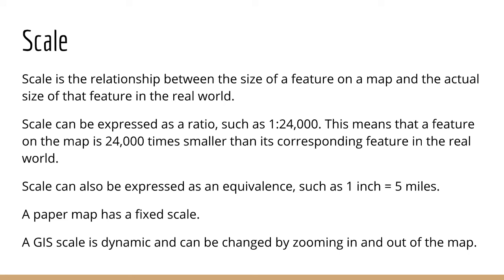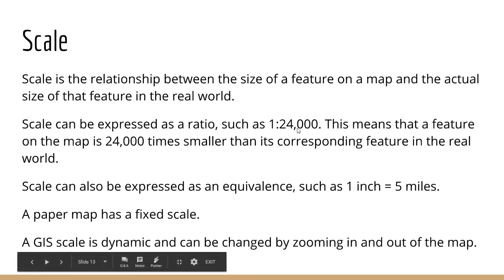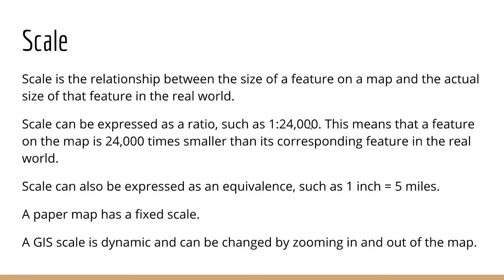So when you see it expressed like 1 to 24,000, what this means is that one unit on the map is equal to 24,000 units on the ground, whatever unit it is. If you measure an inch on a map, it's 24,000 inches on the ground. If the map's big enough to measure a foot on the map, it's 24,000 feet on the ground.